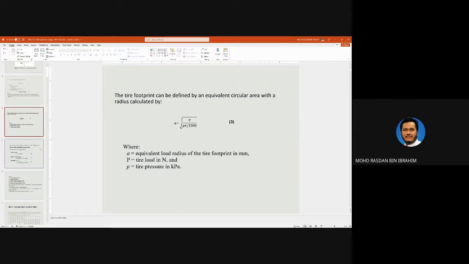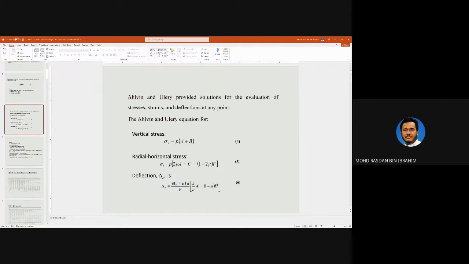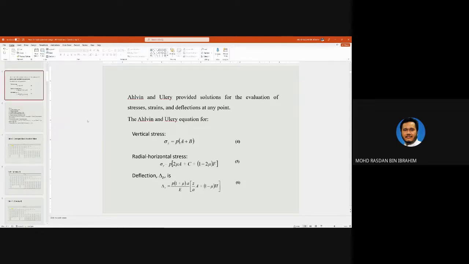So Ahlvin and Ulery have provided solutions to further estimate the stresses, strains, and deflection. They have proposed three equations. The first is to estimate the vertical stress, sigma z, then the radial horizontal stress, sigma r, and the deflection value, delta z.